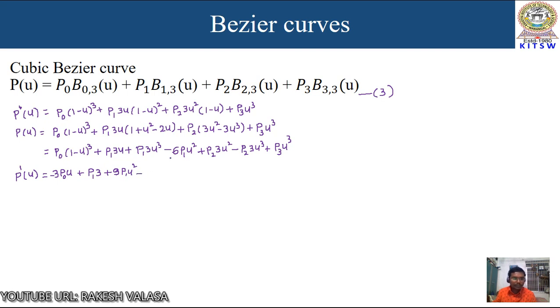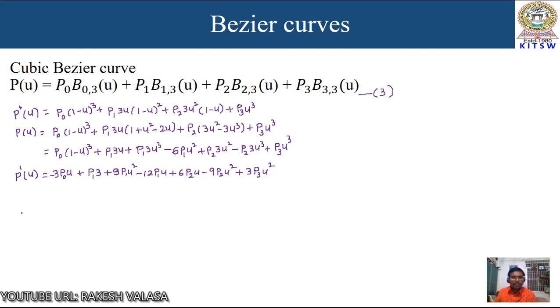Next 6 to the 12 p1u plus u square derivative 2u, 3 into 2, 6 p2u, u cube derivative 3u square, 3 into 3, 9, minus 9 p2 u square plus u cube derivative is 3 u square, that means 3 p3 u square.